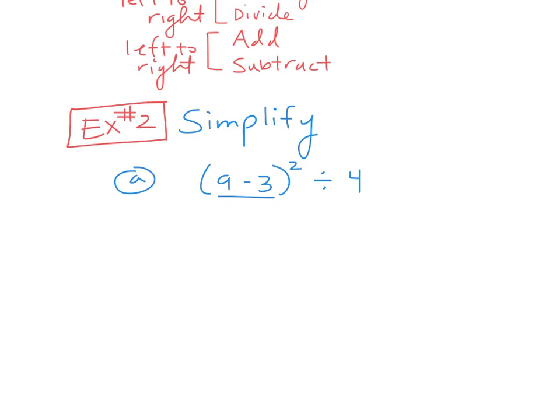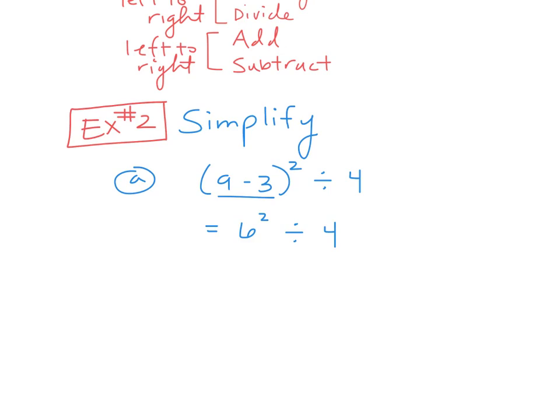Now, people often go, but that's subtraction, and subtraction comes later. Yes, but the subtraction is in parentheses. Whatever's in parentheses goes first, okay? So 9 minus 3 is 6. I'm going to make you guys do a lot of mental math today. Okay, so here's my new equation. 6 squared divided by 4. What do?